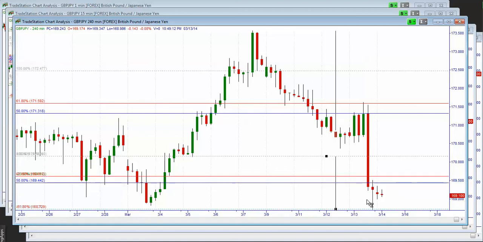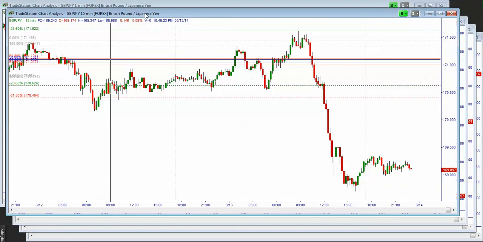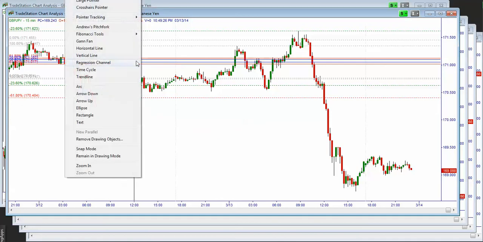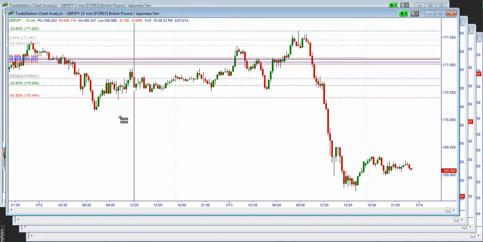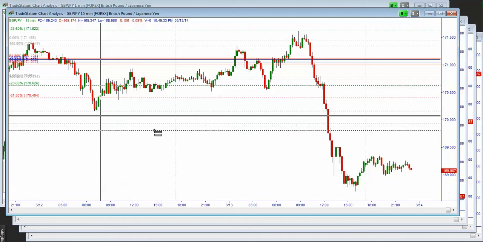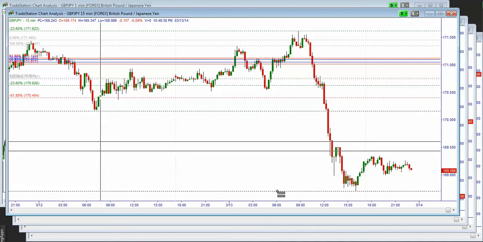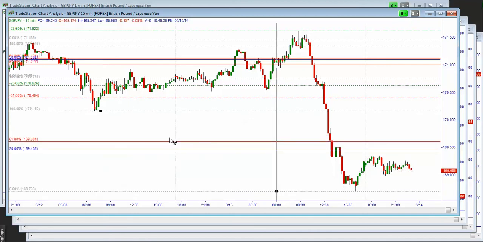And you can see that this 169.44, we can check this on the 15 minutes as well, to check whether this level is actually trading. And as you can see, this level is actually trading.